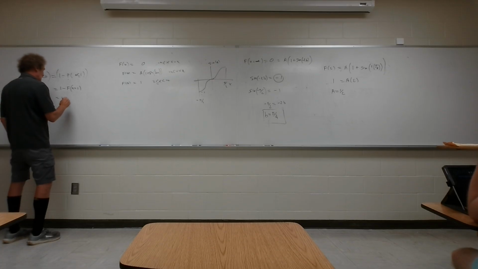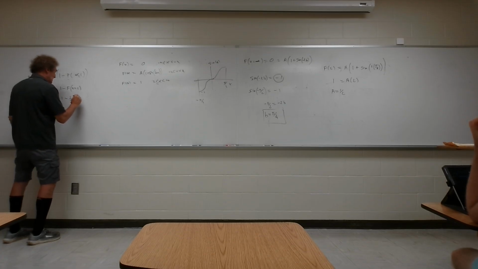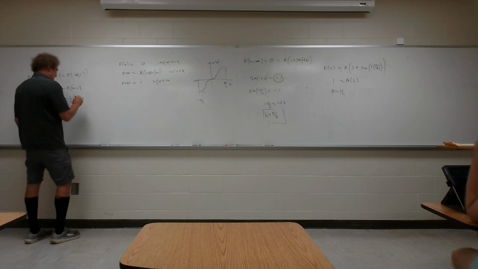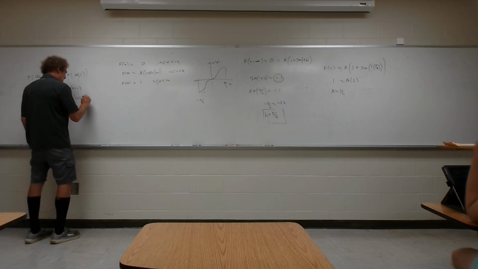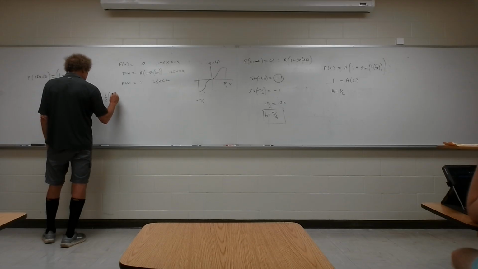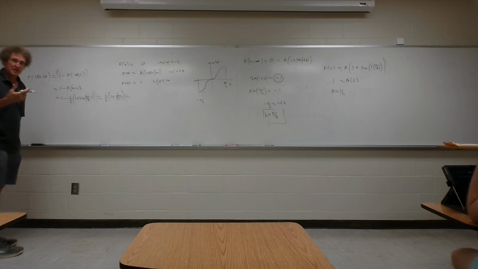So it's going to be 1/2, and here you're going to have 1 plus the sine of pi over 4 times 1. That's 1/2 times 1 plus the sine of 45 degrees, and that's 1 over square root of 2. And I don't know what that is, but you can see that's mathematically correct.